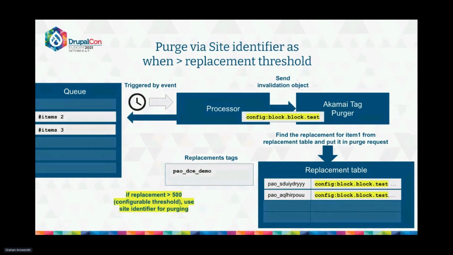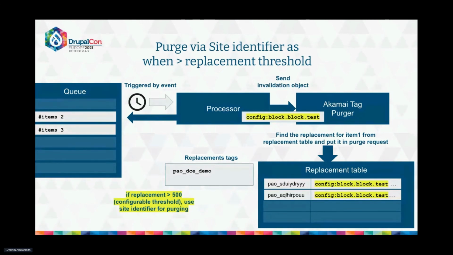Having this site identifier tag makes sure that we are firing just a single purge request to purge the whole site. Since we are getting so many replacements, we assume that our whole site will be getting purged eventually anyway, so it's better to send one single request.